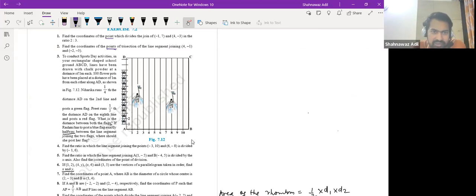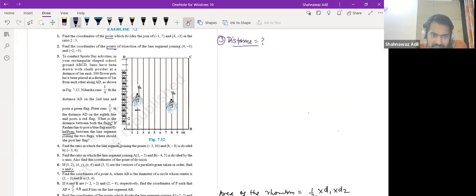Niharika runs 1 by 4 the distance AD on the second line and posts a green flag, somewhere at this place, right? Now Preet runs 1/5 the distance AD on the eighth line. What is the distance between both the flags?